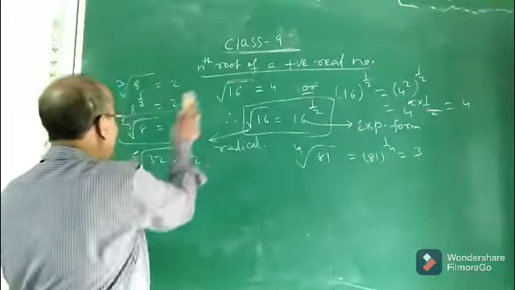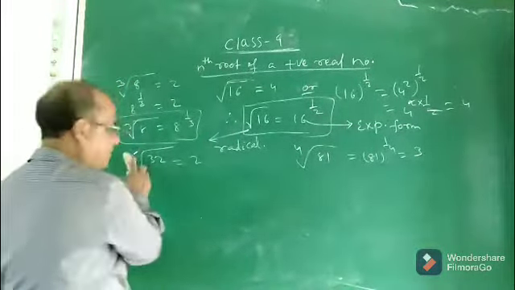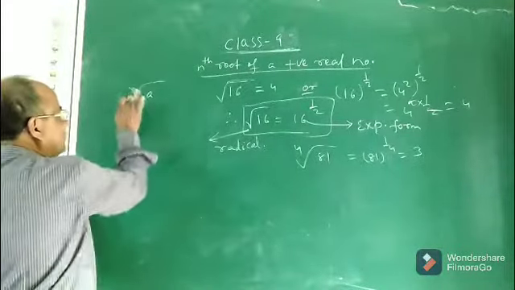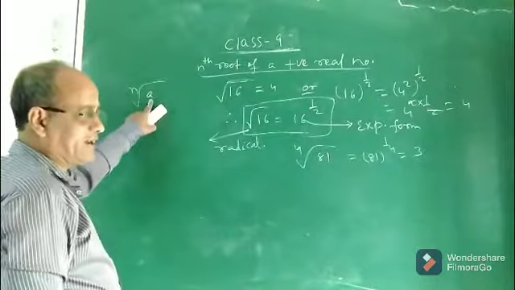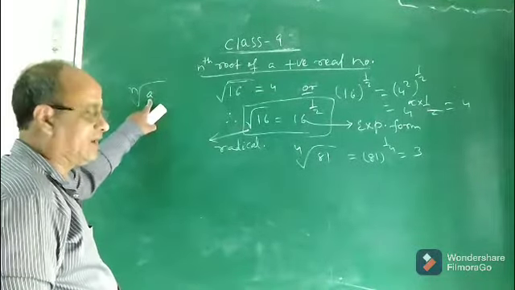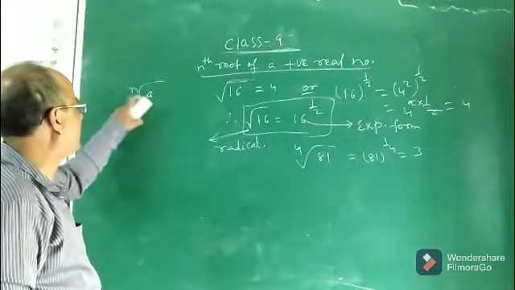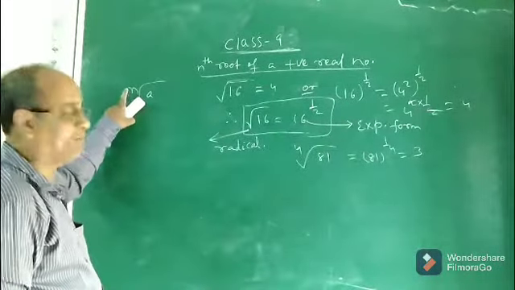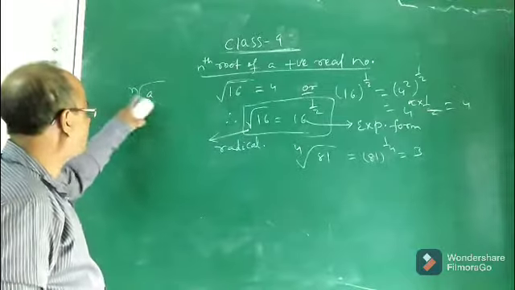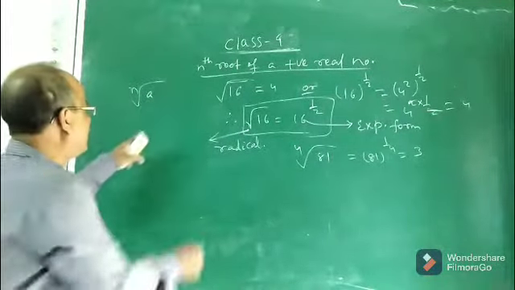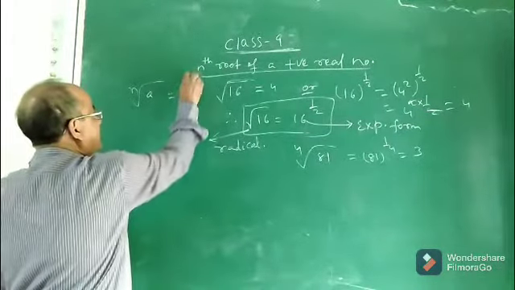Now instead of square root, cube root, fourth root, fifth root, sixth root, suppose we take the nth root, where a is any real number and n is any positive integer. What does this symbol represent? It is also in radical form, children. So what will it be in exponential form?